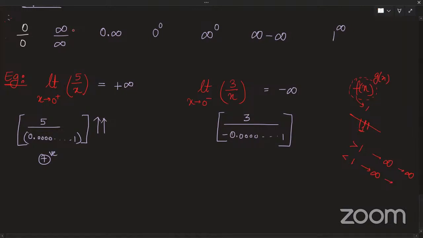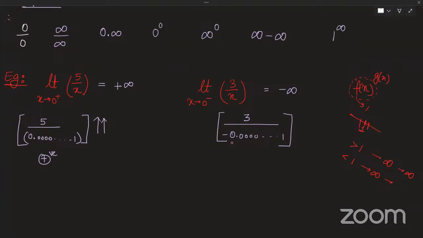Can you guess? A number that's lesser than 1, you keep on multiplying with itself infinite times. What will happen to the value of the function? Where will it go? Why should it be a negative number?